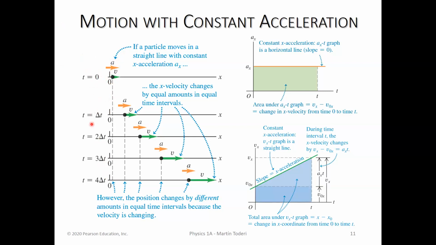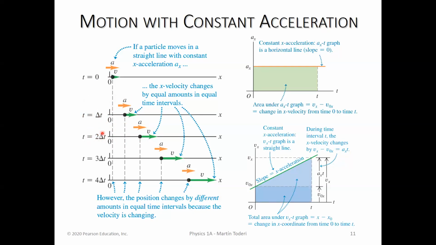So if we go to a different instant, let's say t, so we have delta t, then the velocity has increased by the ratio that the acceleration is giving us. If we take the same portion of time again, let's say 2t, now the position is not going to be doubled, but it's going to be more than that, because the velocity is changing at each step that we're taking.